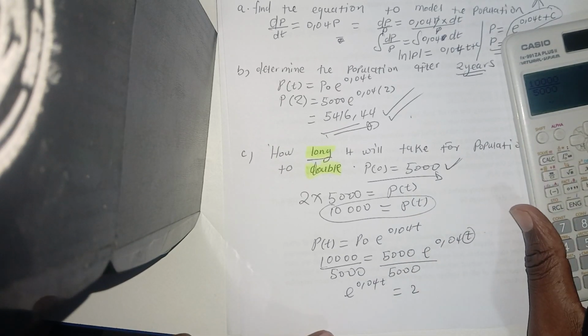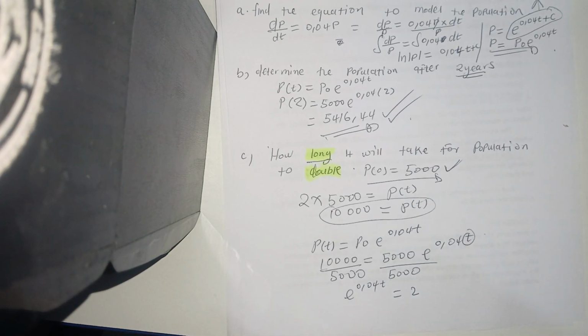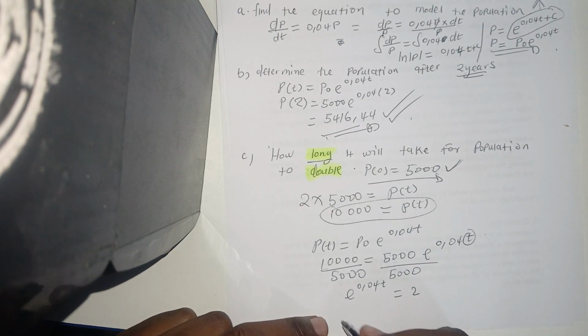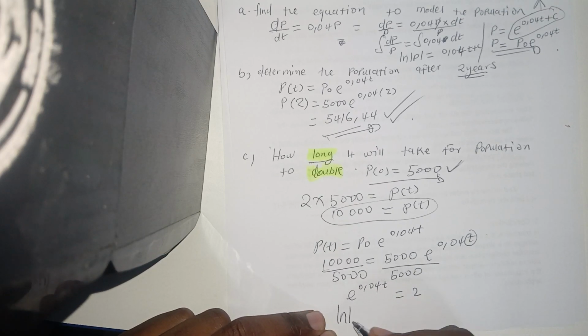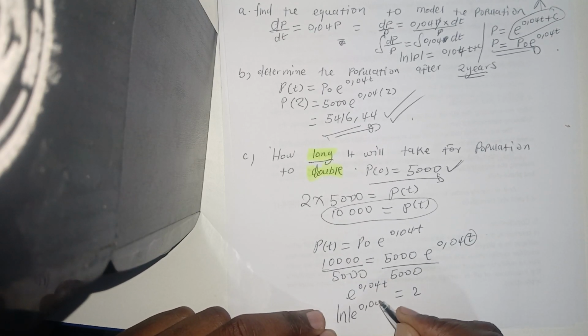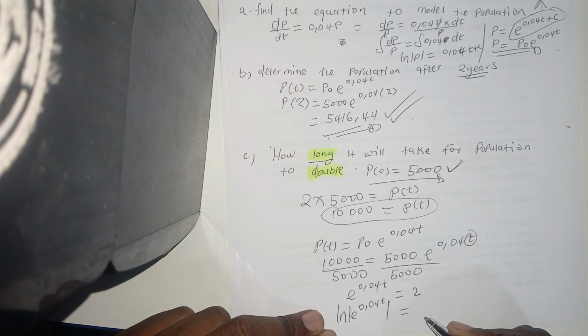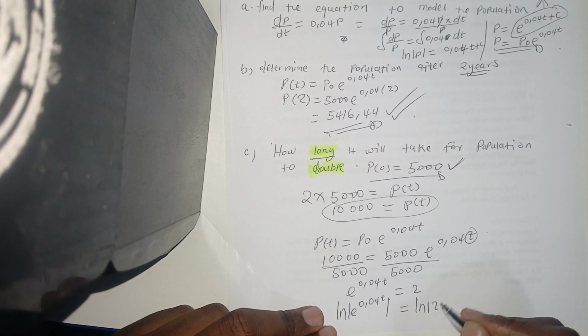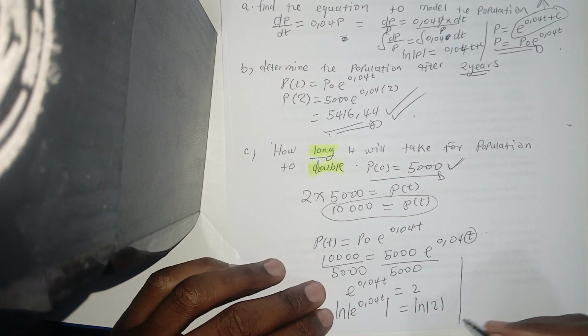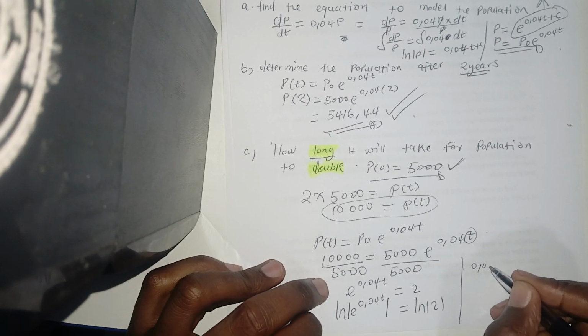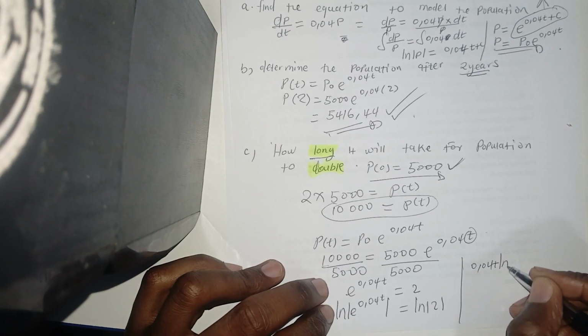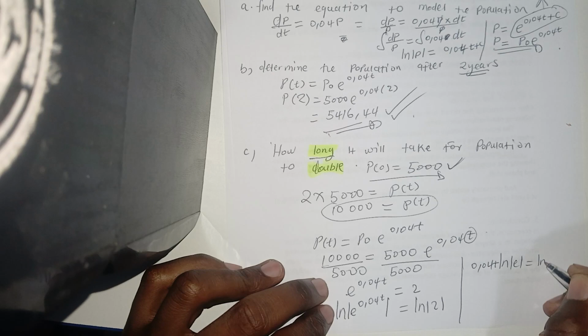From here we need to solve for t, so we apply the natural log. ln of e to the 0.04 t is equal to ln of 2, so we take the exponent to the front.